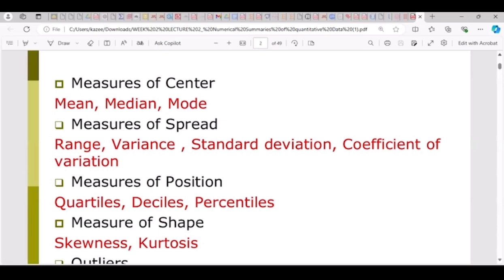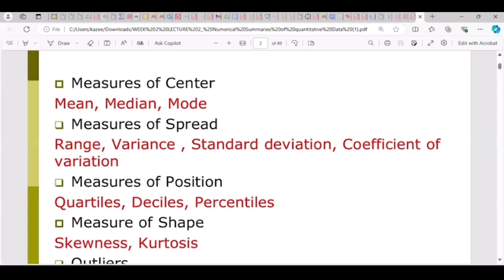The measures of center, which we also call the measures of central tendency or the measures of location. The idea behind that is we want to identify a particular common value, a typical value, a representative value among all the data set.